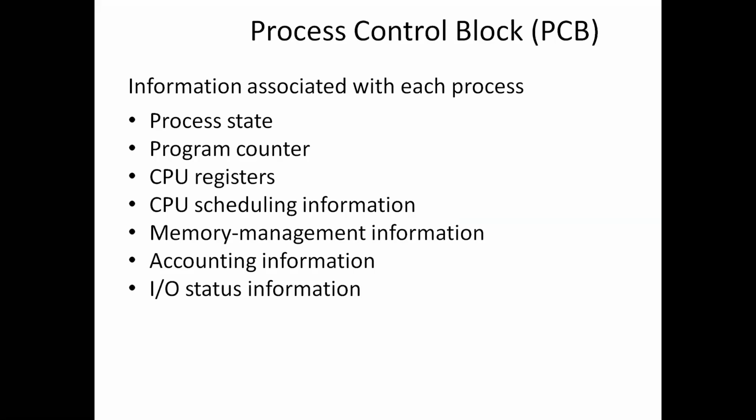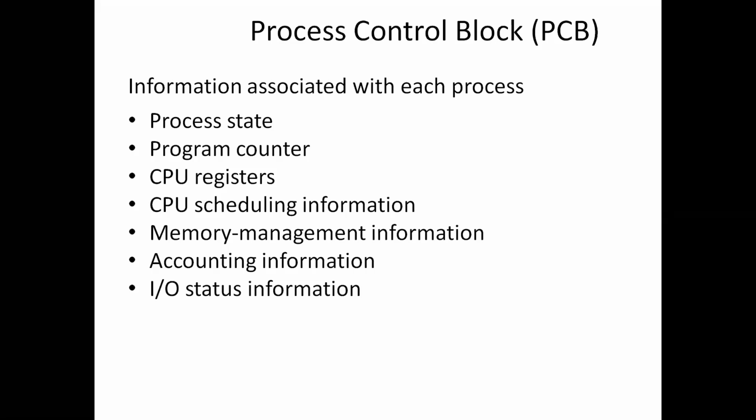Next is CPU registers. The registers vary in numbers and types, and it depends on the computer architecture. CPU registers will be different for different computer architectures, in number and type.